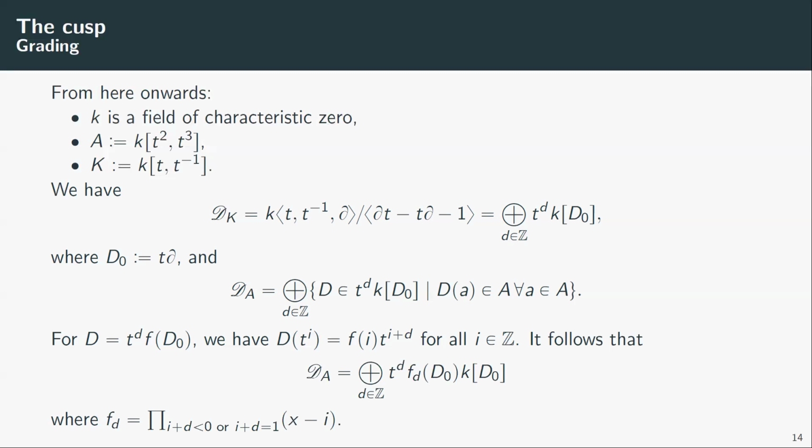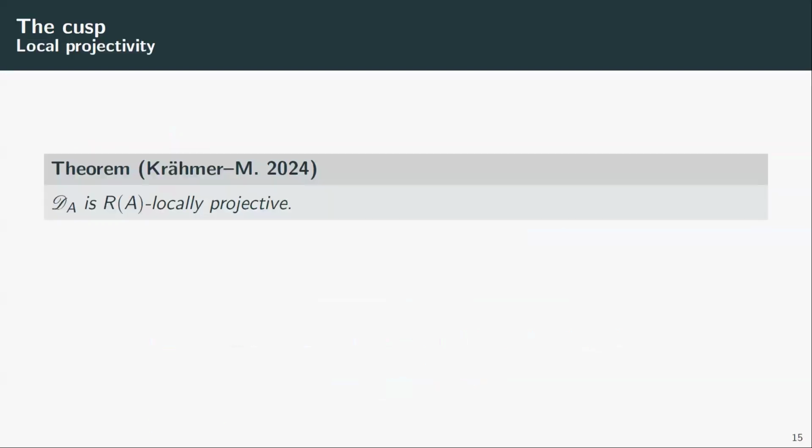The powers i which are problematic are exactly those for which i plus d is negative or i plus d is equal to 1. And with this, I have a combinatorial description of the ring of differential operators. Thanks to this combinatorial description, we were able to prove that dA is R of A locally projective.